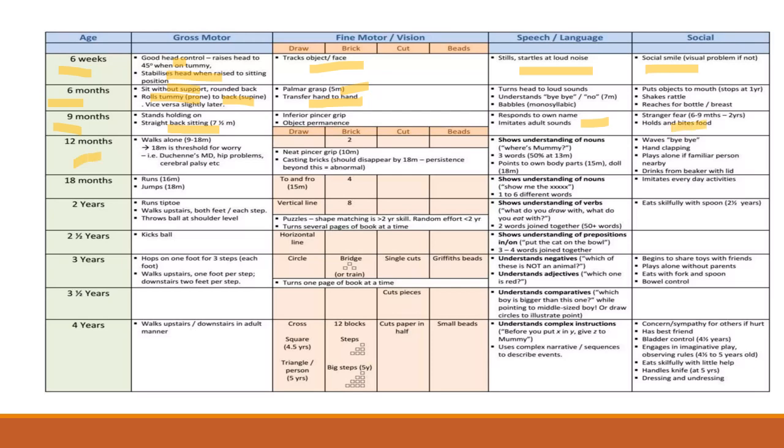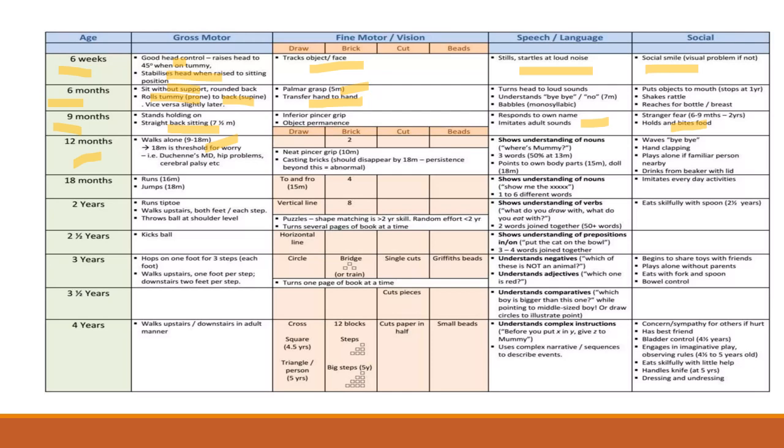In 12 months, walks alone. In fine motor, neat pincer grip. In speech, shows understanding of nouns. While we are asking where is mommy, they respond. In social, waves bye bye, hand clapping, plays with familiar person nearby, etc.